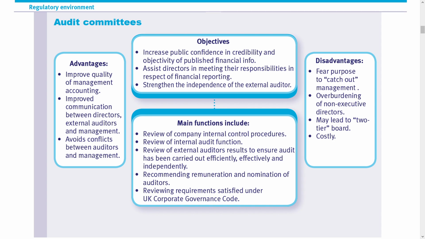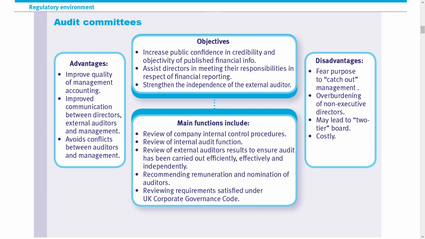There are three objectives of the audit committee. If an audit committee is there, it increases public confidence in credibility and objectivity. The public is more likely to trust your financial statements when they are audited by an auditor who is overseen by an audit committee. The audit committee is going to monitor these auditors.